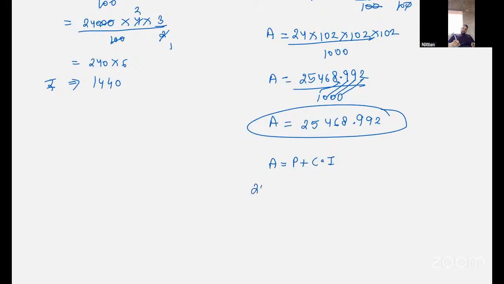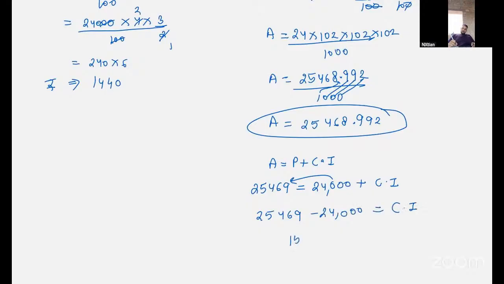So 25,469 is equal to principal 24,000 plus CI. It will be minus. So 25,469 minus 24,000 is equal to CI. So 1,469 is the compound interest.